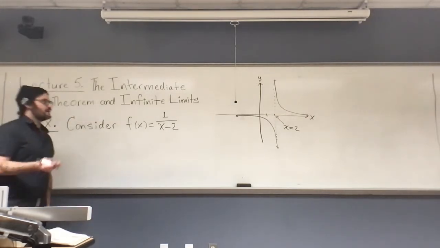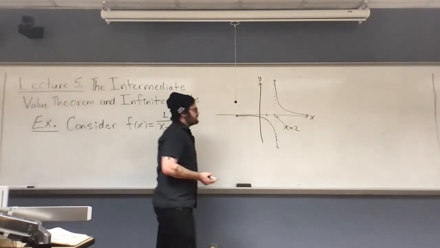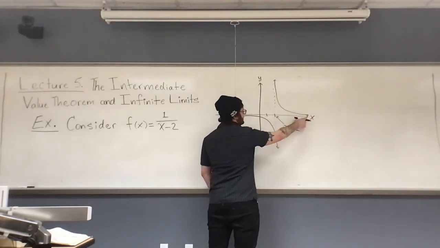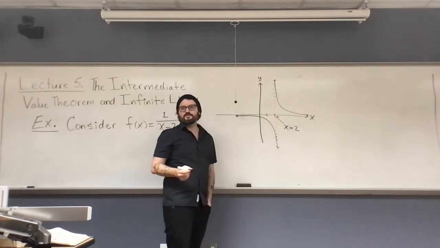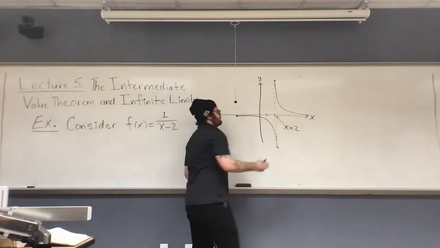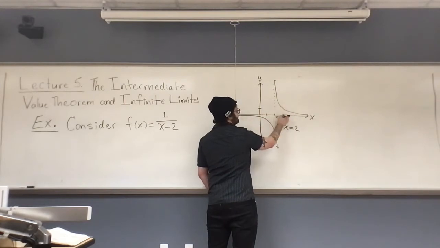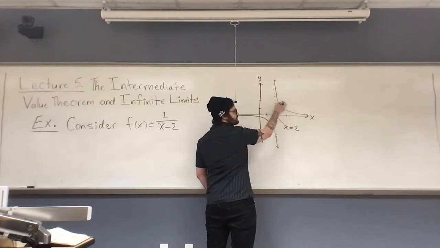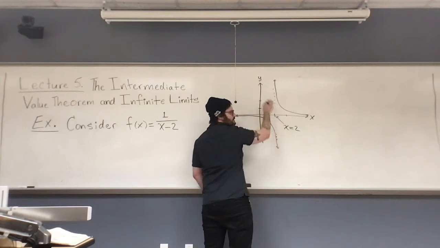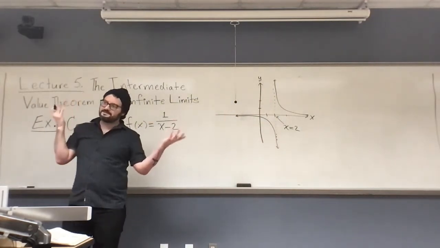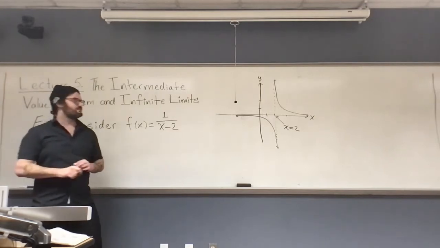What's happening as we approach 2 from x larger than 2? Right, we evaluate here, there's the function value. We evaluate there, there's the function value. Evaluate there, there's the function value. As we get closer and closer, it's blowing up. It's just going off to infinity that way, right?